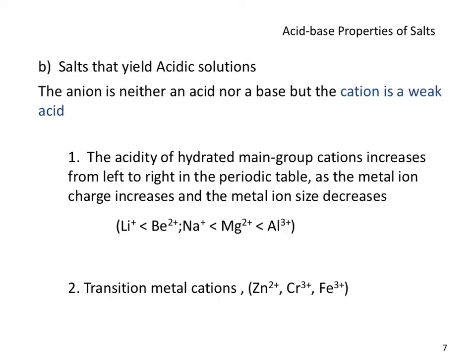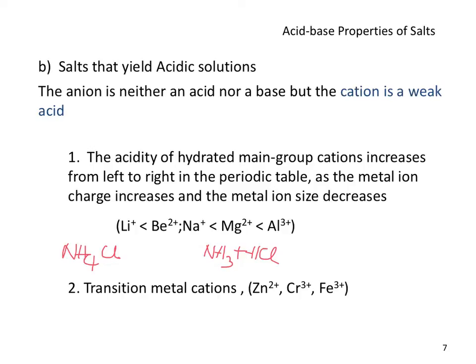So again, considering NH4Cl, that must be obtained from NH3 plus HCl. And so one can say that essentially we have conjugate acids of weak bases, and hence it is going to be an acidic solution overall.